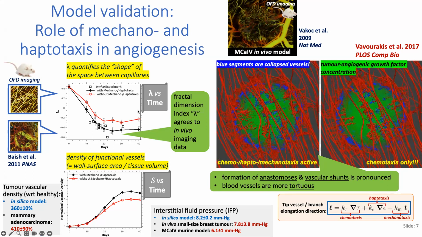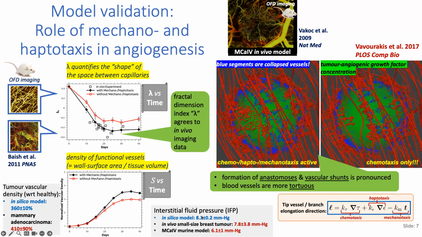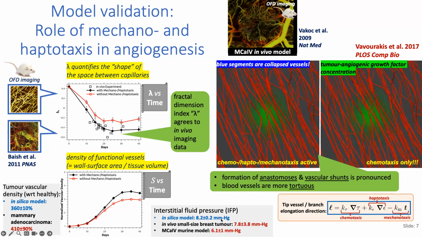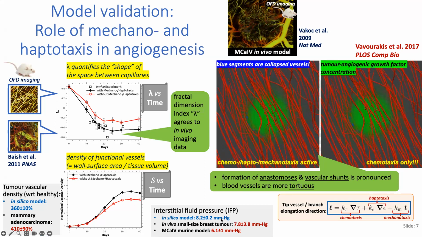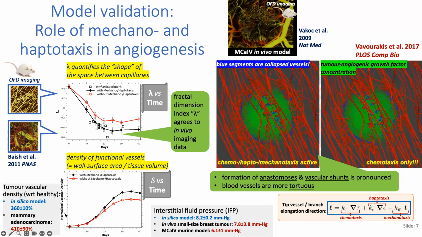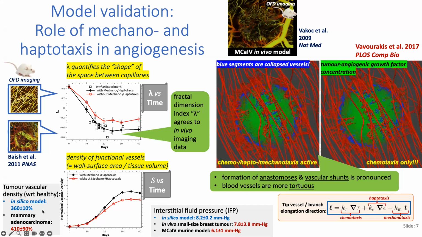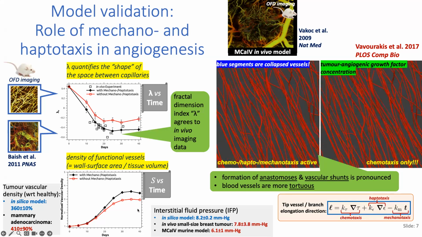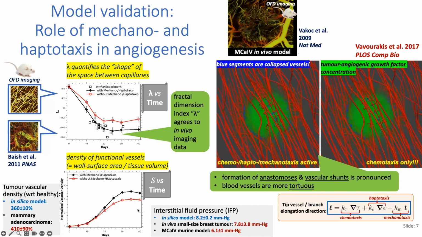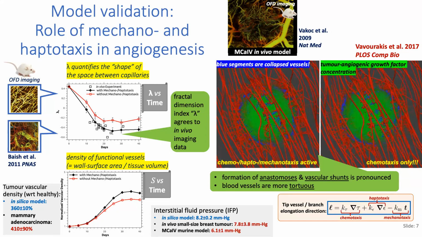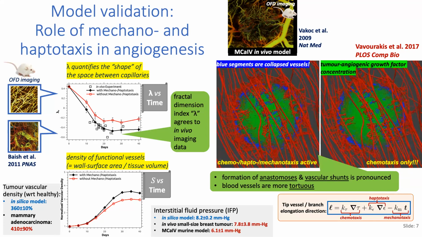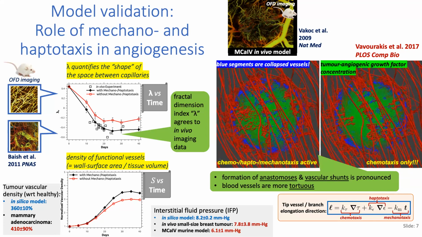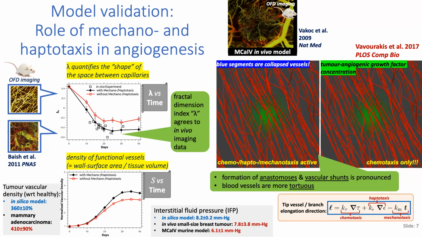Other metrics were from the fluid mechanics perspective, the fluid pressure. Other metrics were also the volume. And we used all this information coupled together in order to confirm that the in silico model does produce realistic results, and we also tested the in silico model in terms of the mechanisms.